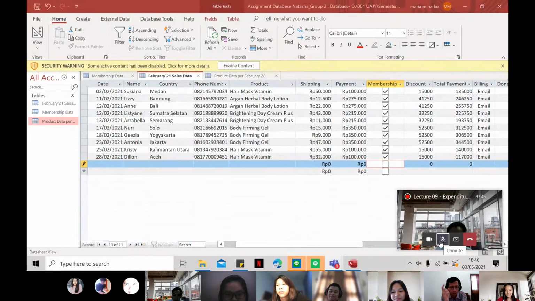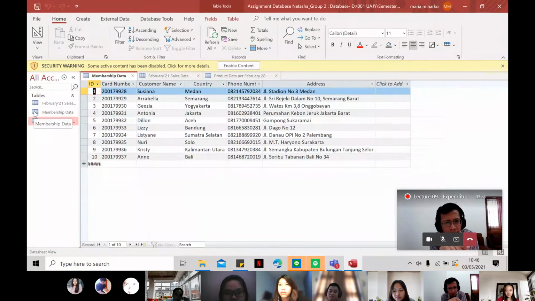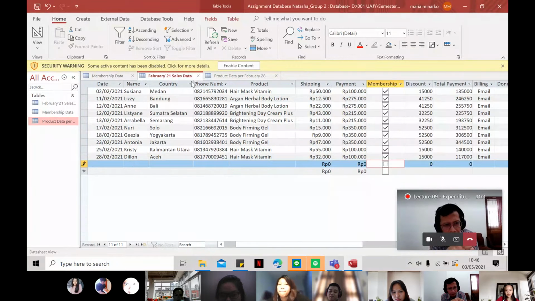Okay. So this is what I suggest. Can I take a look at the membership data? So they have a card number, right? Yes, sir. So go to sales again. Instead of having membership with a check mark, why don't you just put the membership number or card number there?